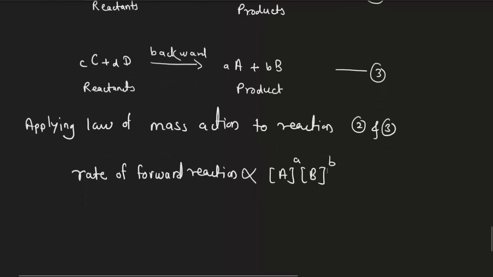If we remove the proportionality sign, then it will be equal to small kf into concentration of A raised to a, concentration of B raised to b. Here this is the rate constant, and we write this as Rf. Rf means rate of the forward reaction.